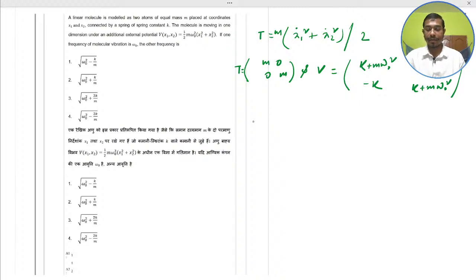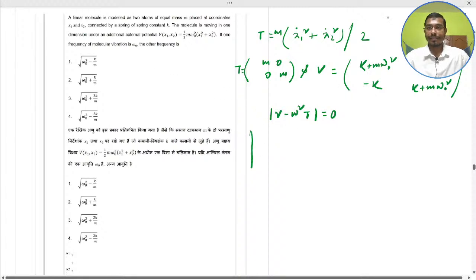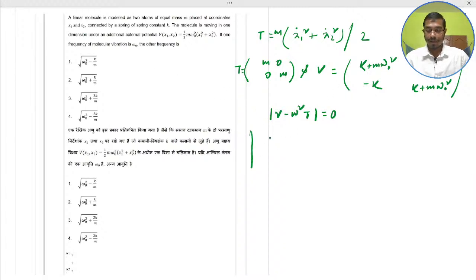And you have to find the normal frequency, meaning the characteristic equation: the determinant of V minus omega square T is 0. So solve this determinant: K plus m omega naught square minus omega square m, minus K, minus K, and K plus m omega naught square minus omega square m.